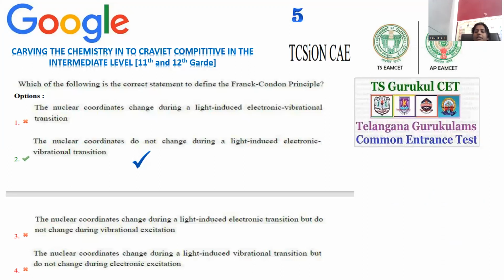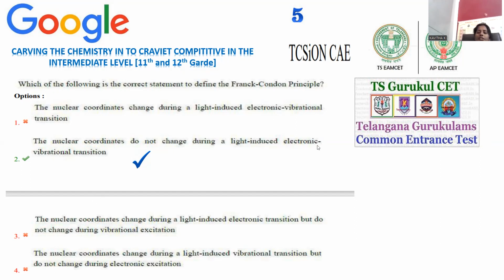This is collected from the Telangana Gurukulam Degree College Lecturer Entrance Examination. Which of the following is the correct statement to define Franck-Condon principle? Franck-Condon principle is part of physical chemistry. Nuclear coordinates do not change during the light-induced electronic vibrational transitions.